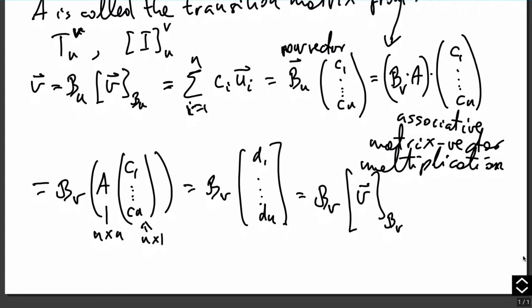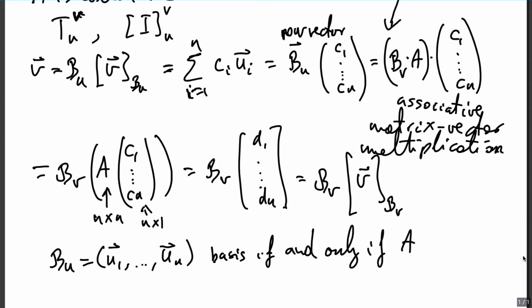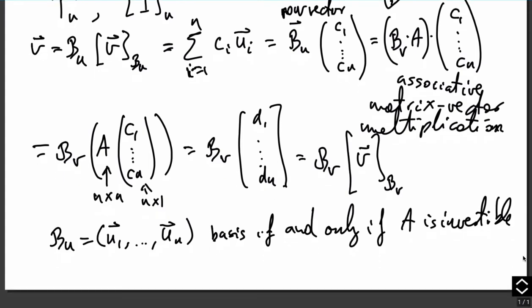So what we have is this second basis BU, and what we see from these matrix-vector multiplications is that this is a basis if and only if A is invertible. And for this, we only need linear independence, since we have an n-dimensional vector space.